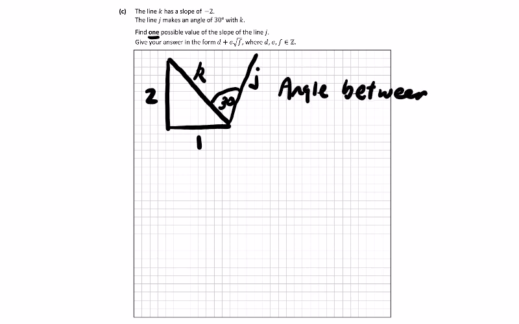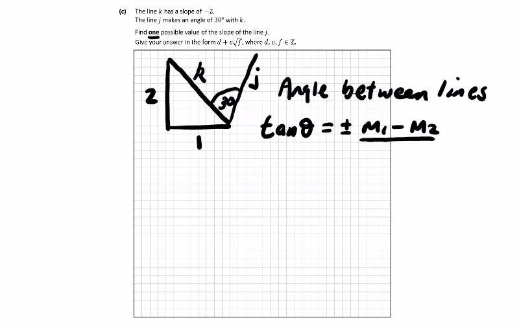So this is the angle between two lines, and that brings up a memory of a formula. Angle between two lines: tan of theta is equal to plus or minus m1 minus m2 over 1 plus m1 m2. I'm just going to double check this. So it is correct.